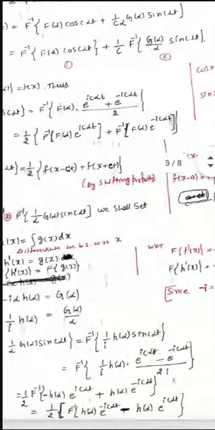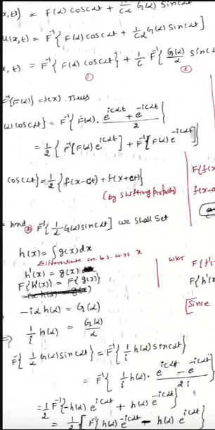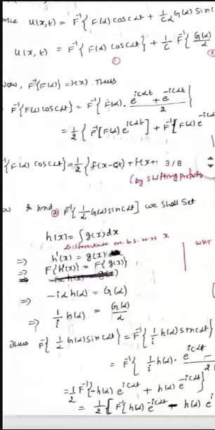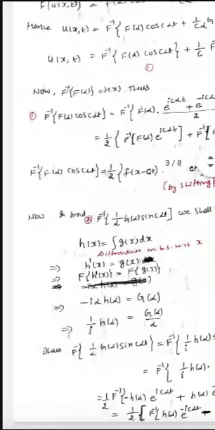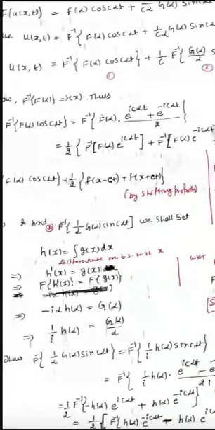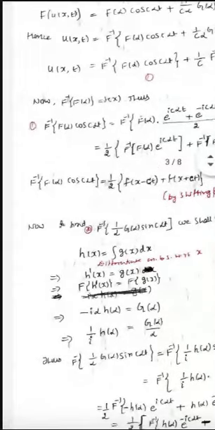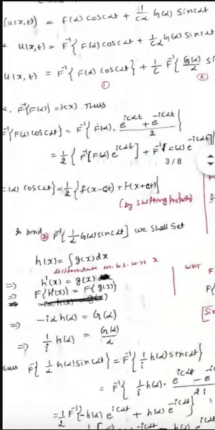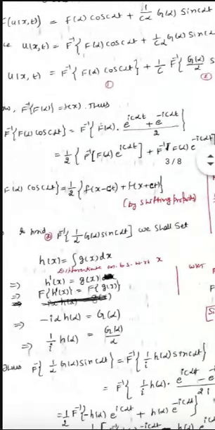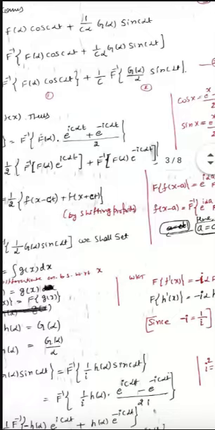So f inverse of f of alpha cos c alpha t can be written as cos theta. I already told you, e power i theta plus e power minus i theta by 2. In the place of theta, c alpha t substituted. So separated, so that you will get f inverse is 1 by 2 f of x minus ct plus f of x plus ct.